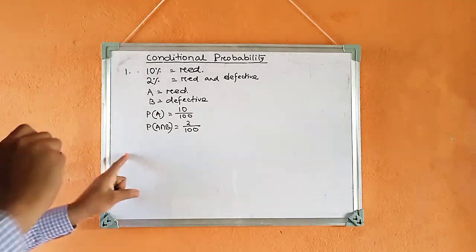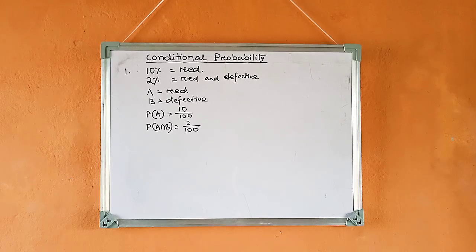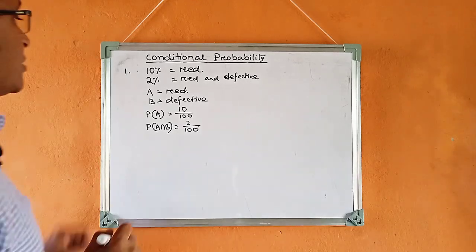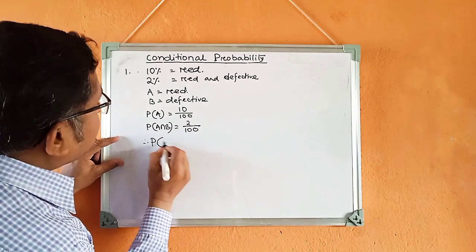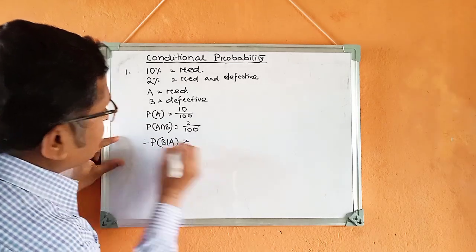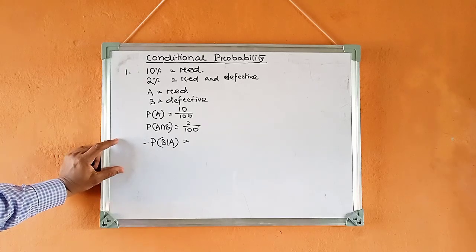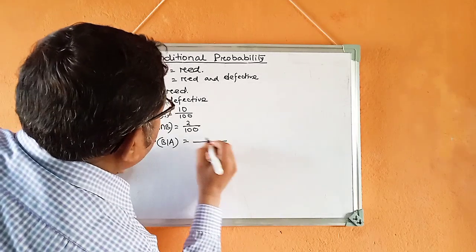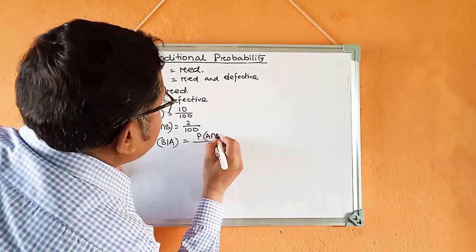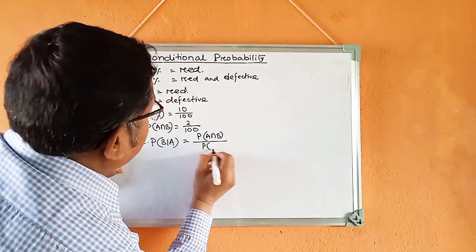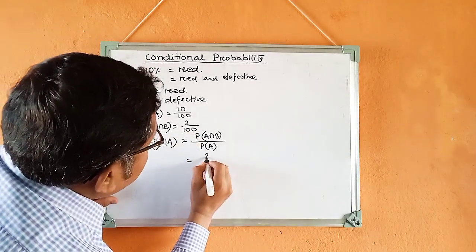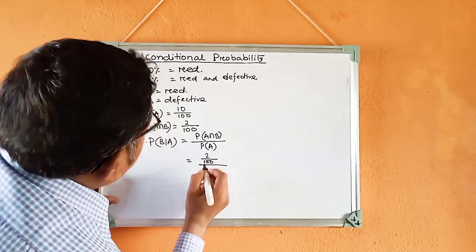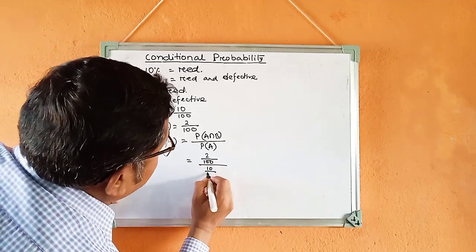Now the question is, one bulb is picked, determine the probability of it being defective given that it is red. So we are required to find P(B|A), which is probability of A intersection B divided by probability of event A. We already have A intersection B equal to 2 by 100, and probability of A is 10 by 100.